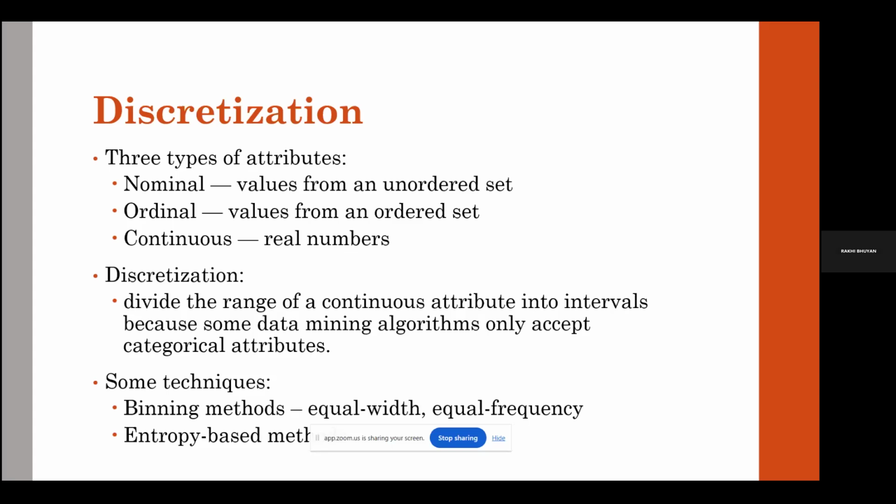Entropy-based methods use decision trees or information gain to decide where to split the values. Decision tree and information gain, you will learn in your fifth or sixth semester maybe. These are some higher level algorithms. We don't need to teach and learn them now, it is not much important. We just need to know what discretization is. We are just learning basic machine learning.